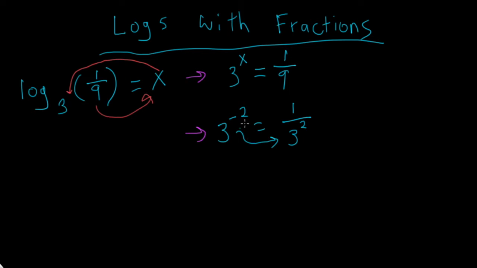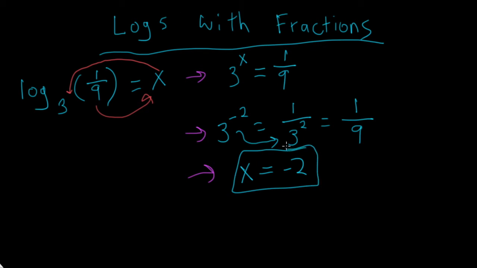So we have 1/3 squared, which is equal to 1/9. That means our answer will be x equals -2. As a general rule, when you have logs with fractions, you're going to get negative answers.